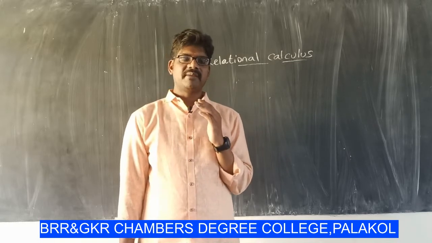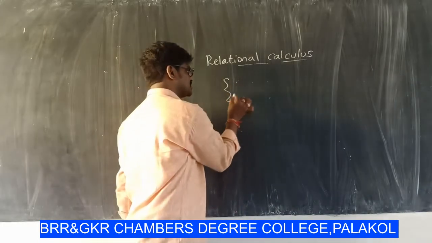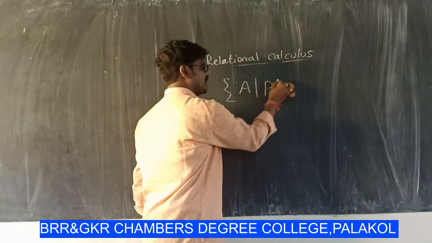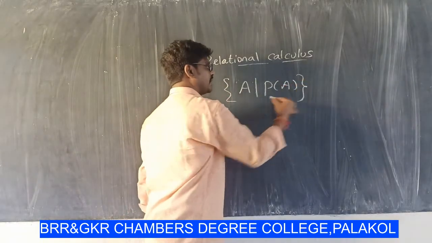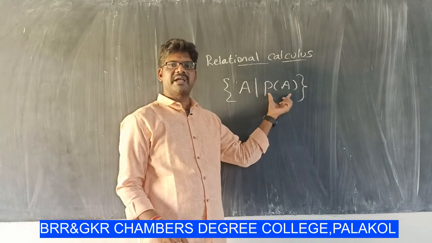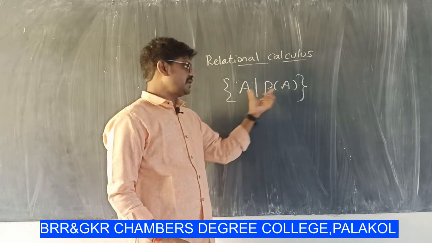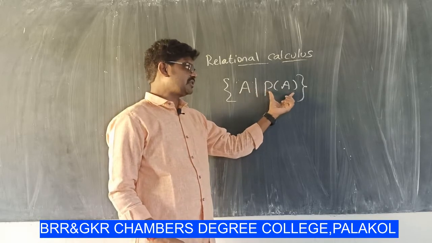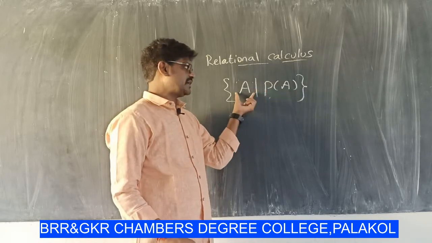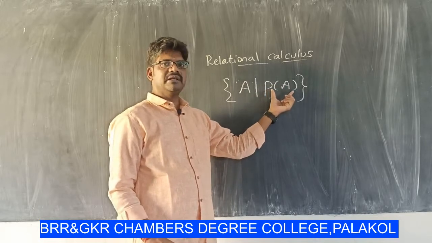A query can be represented by P of A, where A is the variable and P of A is the predicate on the variable A. A range of values can be applied on A.